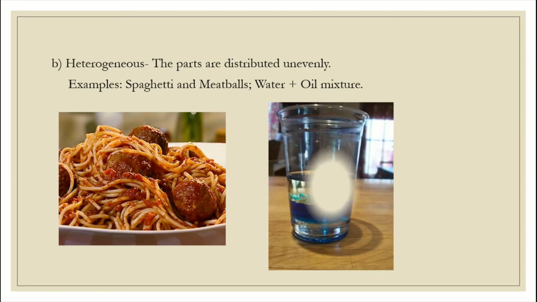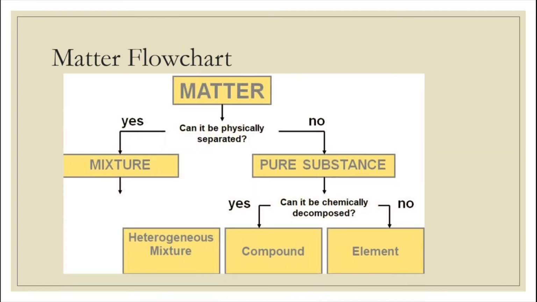Water and oil, since oil will tend to go on the surface of the water, it can possibly be separated through some method. There's a method actually for separating that. Matter flow chart. See, can matter be physically separated? Yes.